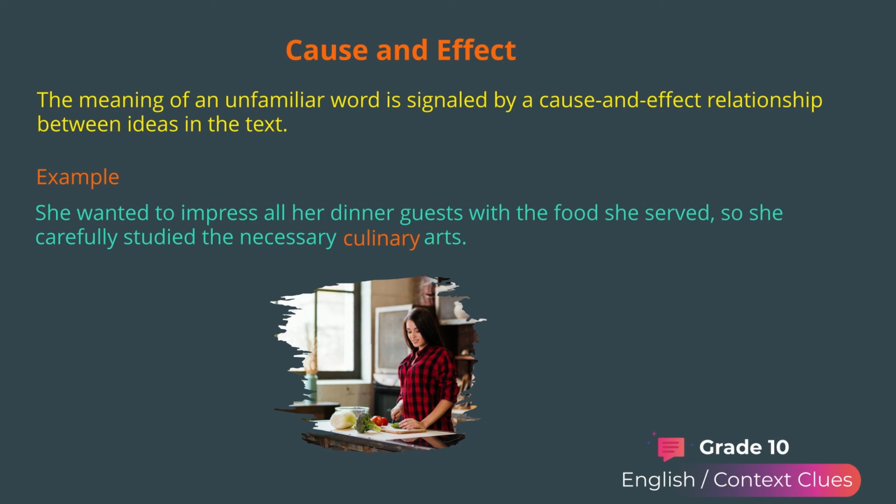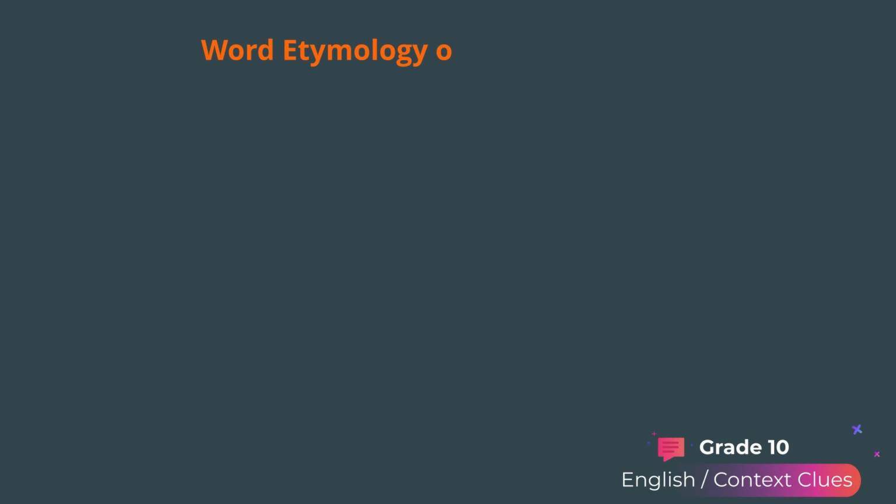We understood what she wanted, and we saw what she did to achieve this, which is applying the art of preparing, cooking, presenting, and serving food to her guests. Culinary arts.